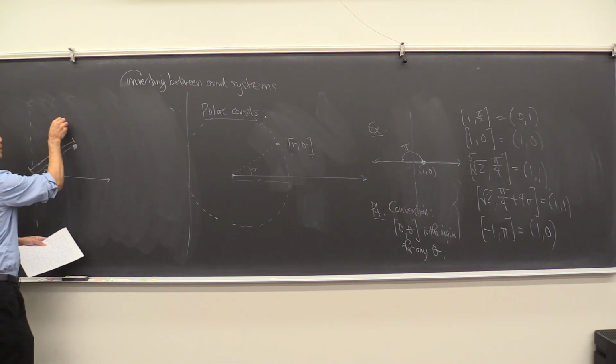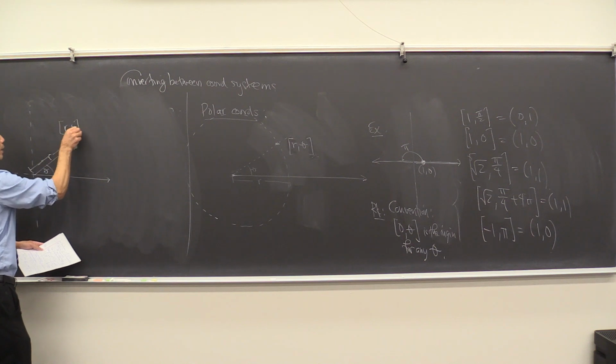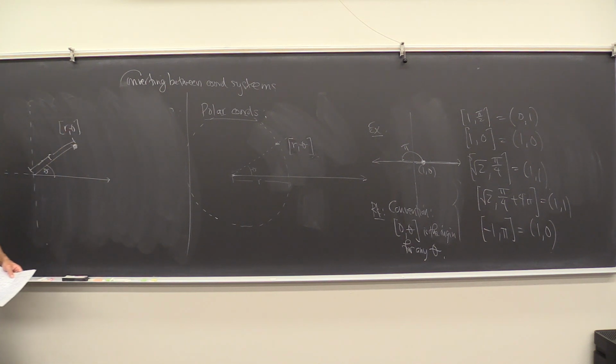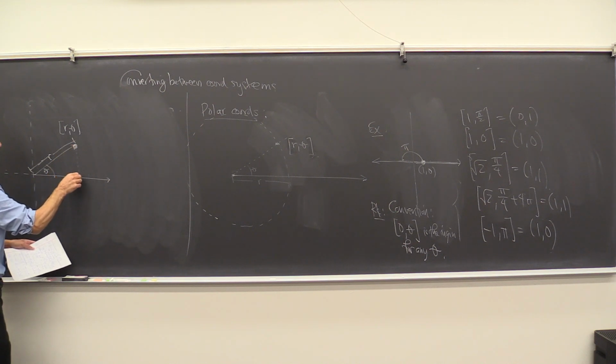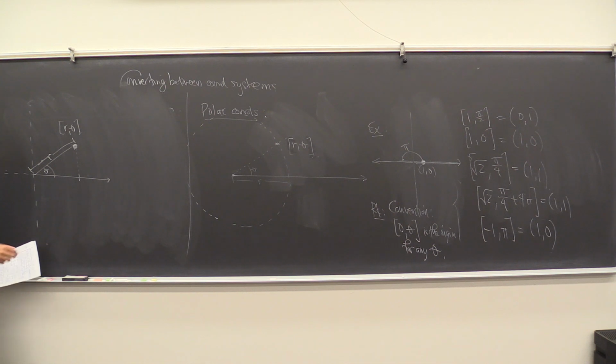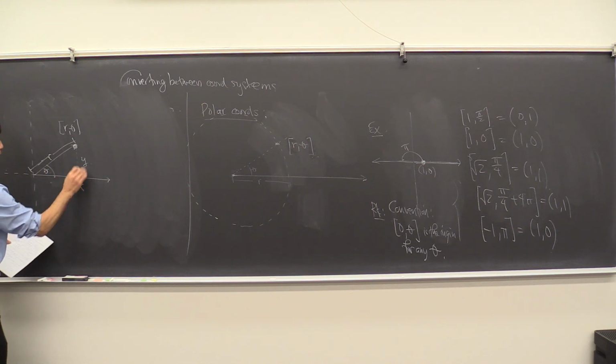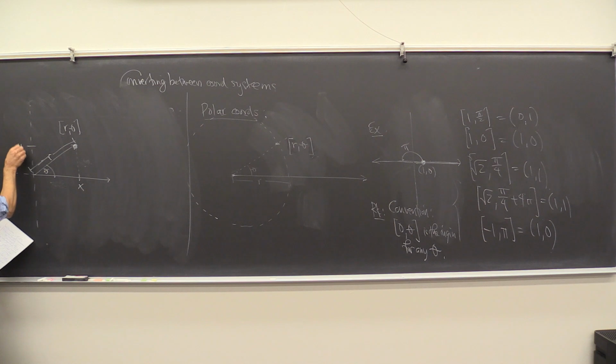So in the polar coordinate system, it's r comma theta. We would like to know its Cartesian coordinates. In other words, we would like to know x and y. The x, we would like to know this, and we would also like to know this.